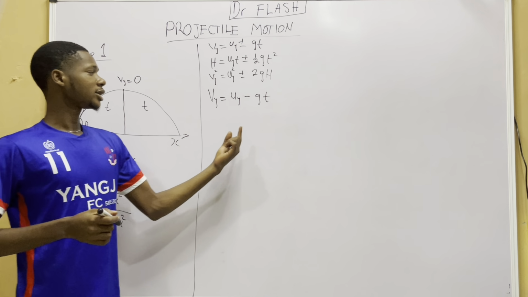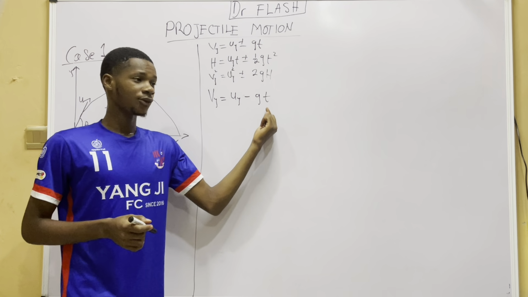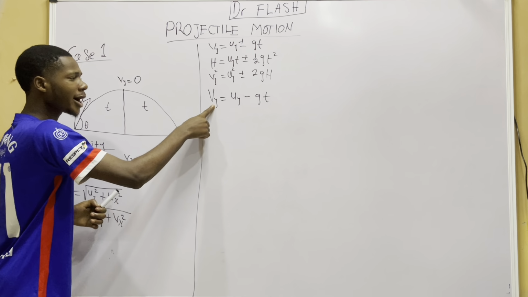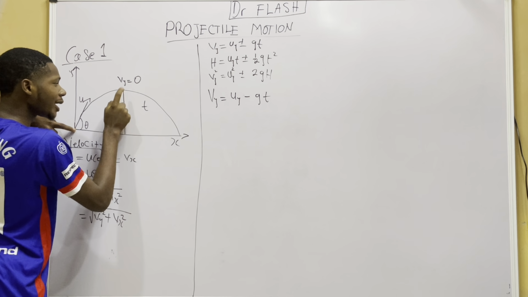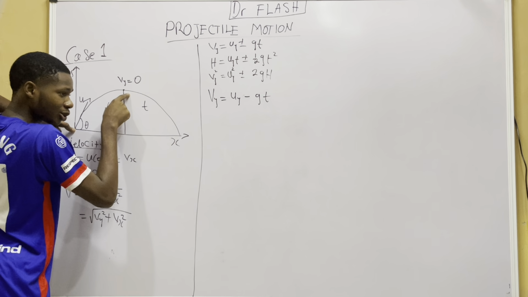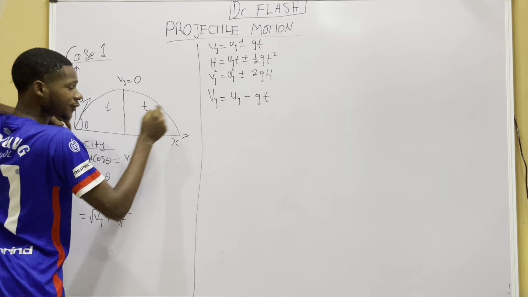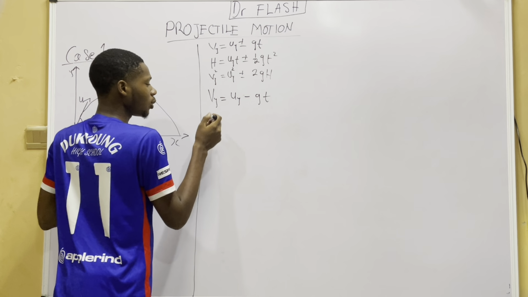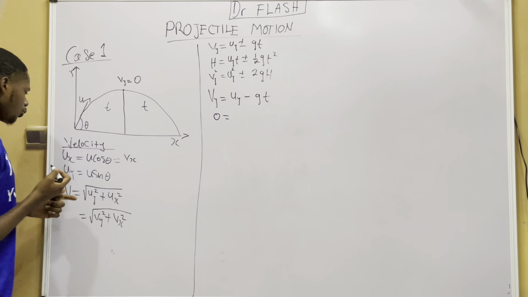Now, how are we going to get an equation that describes this time we're looking for? We're looking for the time taken to move to the maximum height. At this maximum height, Vy is equal to 0. So first things first, Vy equals 0. Now, how about Uy? We've done Uy before.